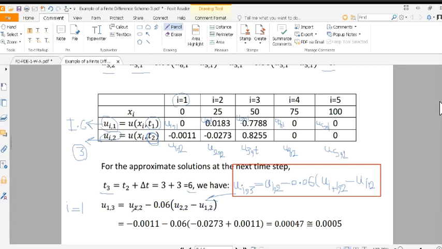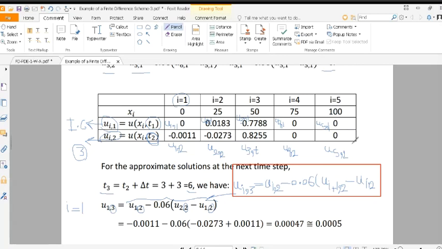Please pay attention: the index of j on the right side is 2, but the index of j on the left side is 3. The right side is the previous time level, and the left side is the next time level.